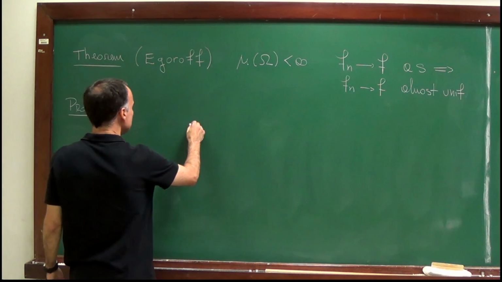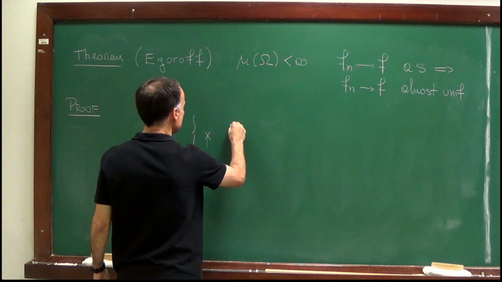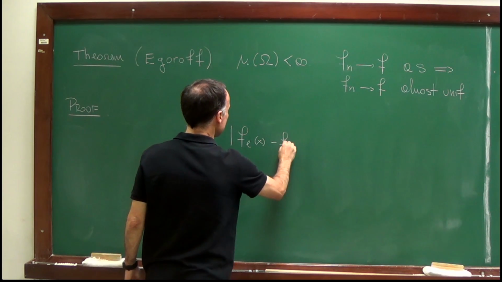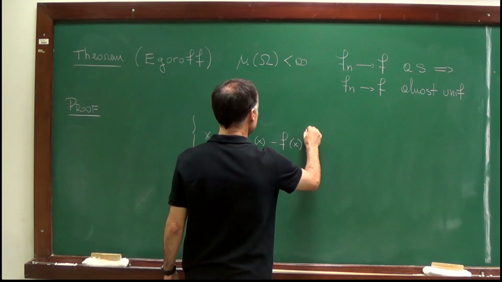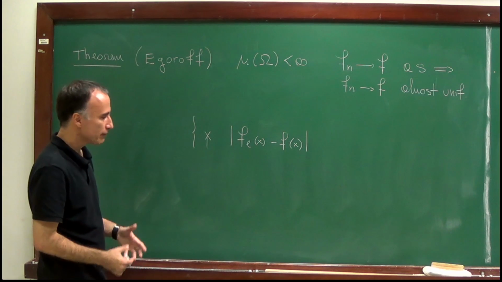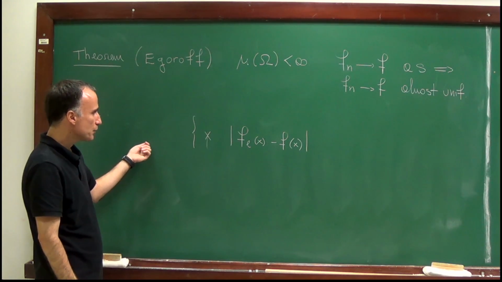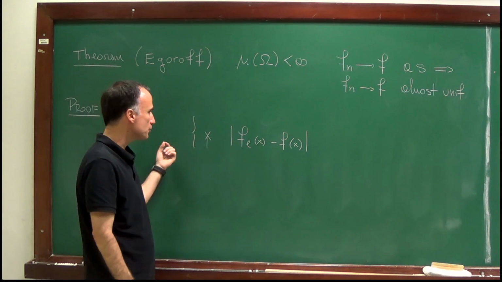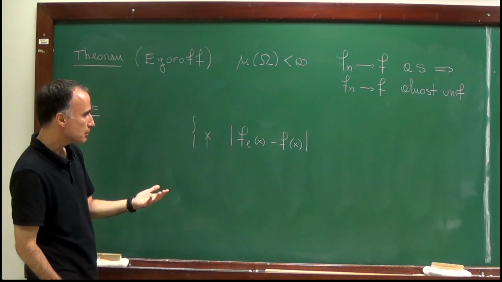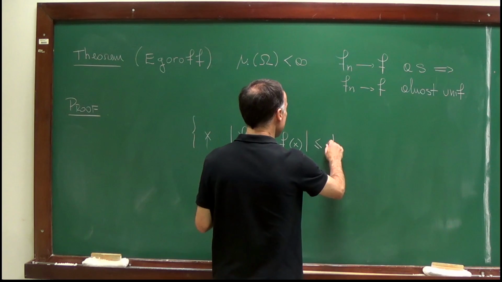for any k, if I observe the points x such that Fl of x minus F of x, saying that Fl of x is converging to F of x means that for any epsilon, I can find n such that for all L larger than n, this difference is bounded by epsilon. As epsilon, we will use 1 over k, so we want this to be bounded by 1 over k.